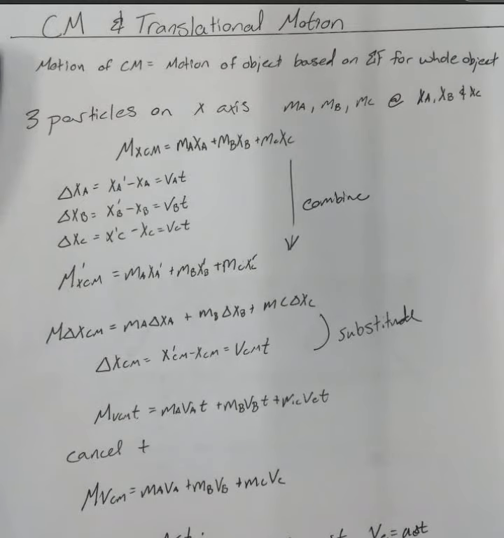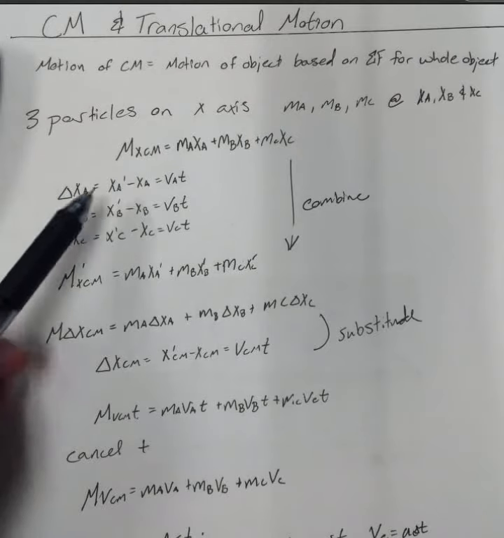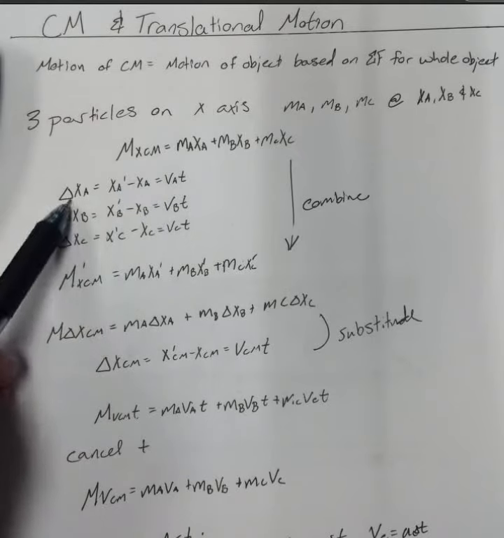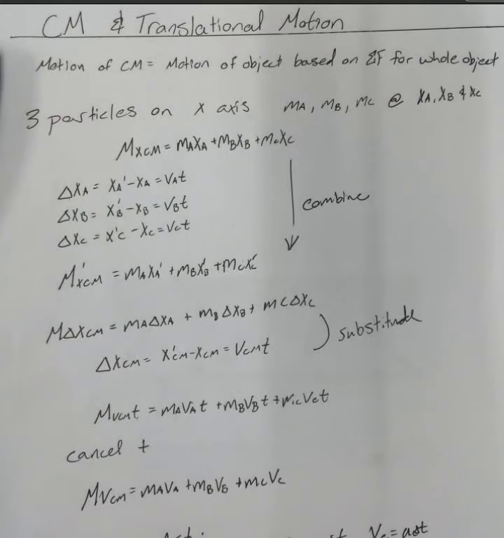And what we do there is we can use the velocity of the object to determine the net displacement of the object. So what we're doing here is we're looking at a simple case of one-dimensional motion in the x direction. And even though there's three different objects, we're going to treat them all as just their center of mass.